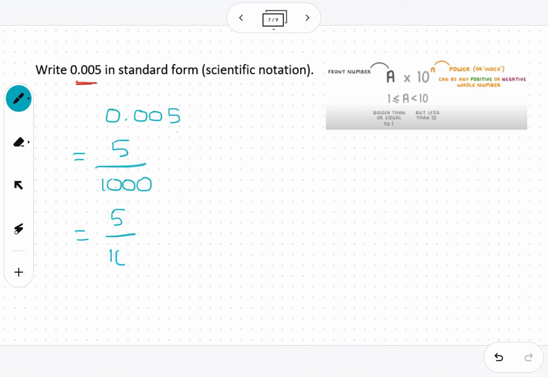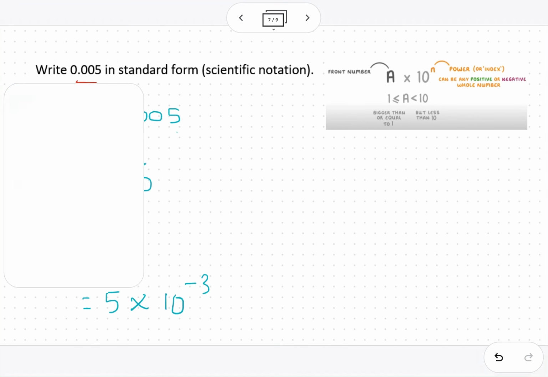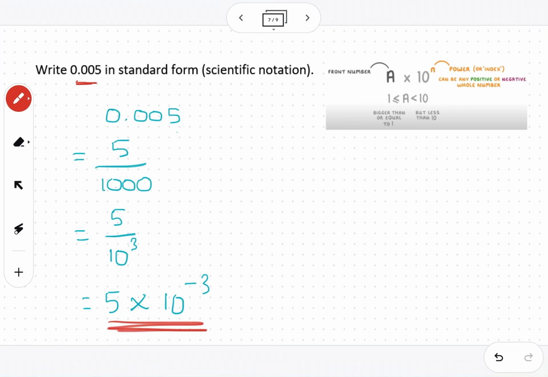So it means 10 power 3. Can you remember the negative index form? So now this one we want to bring up. So you have to change it into index form. So that's the final answer. Okay. So notice if it's a decimal, the n here is negative.